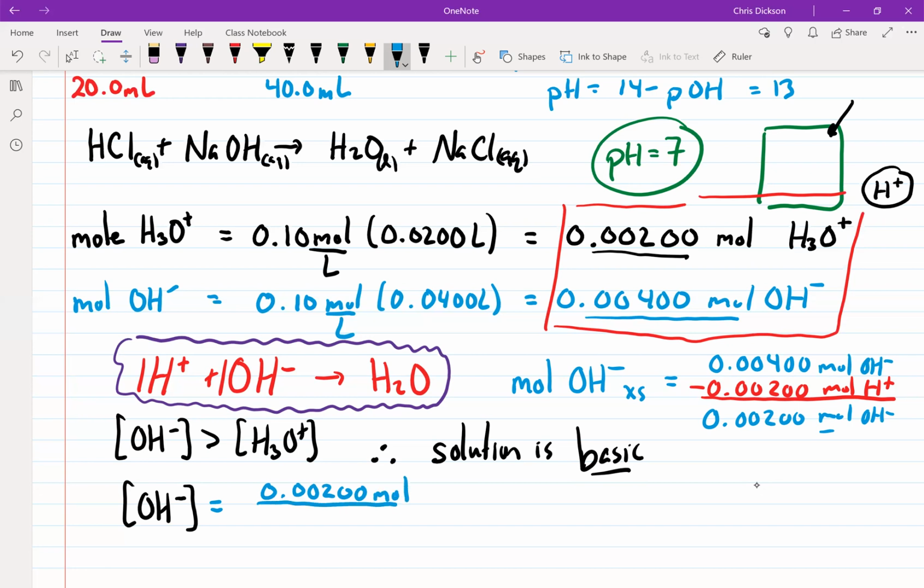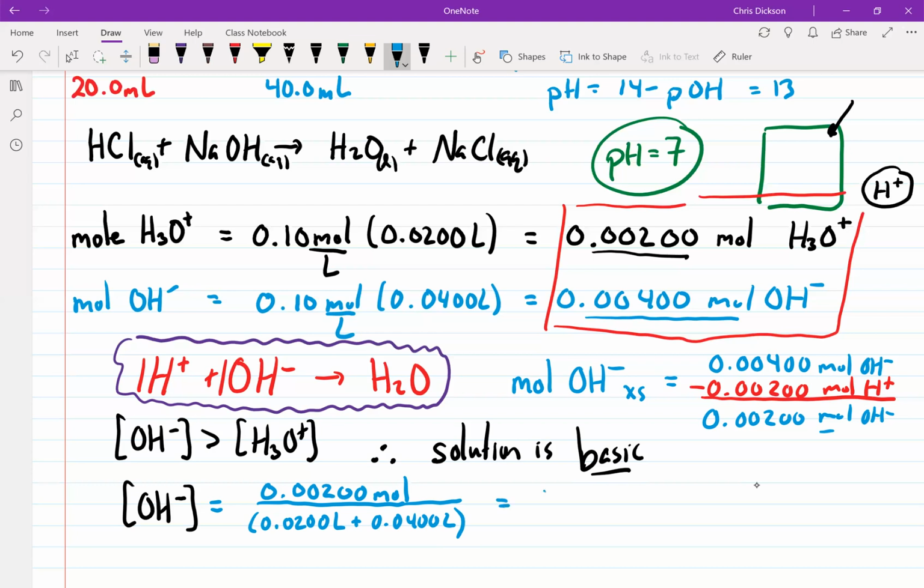And then we need to divide that by the volume. But now we have to remember that we mixed two different volumes here. We took 20 mL and added it to 40 mL. So 0.020 liters plus 0.0400 liters. Many of you would just say, why wouldn't you just say 0.06, which is really what it is.